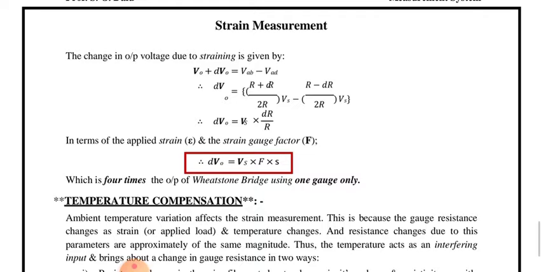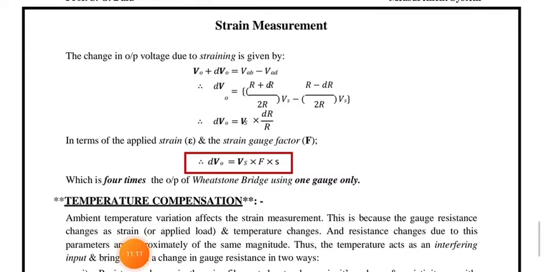So these are the derived forms of the half bridge circuit and full bridge Wheatstone bridge circuit. Using these derived forms we can solve numericals related to the half bridge and full bridge circuit. Most of the time theoretical questions are also asked on these two types of Wheatstone bridge circuit, that is half bridge circuit and full bridge circuit.